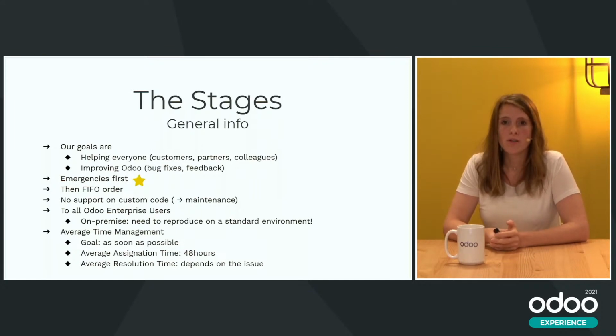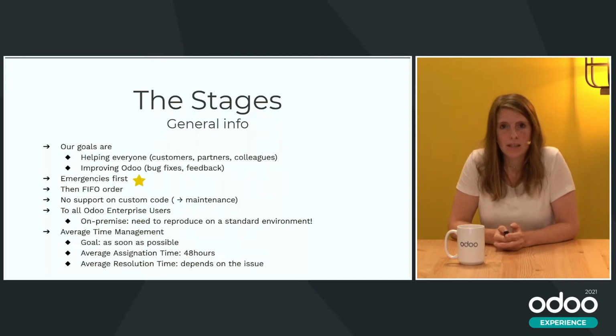We try to answer as soon as possible, but it's not always easy to reply directly within the hour or within the minute, even if it's my secret goal. But we have an average assignation time of 1 or 2 days, and for the resolution time, it really depends on your problem. So sometimes it can take 1 or 2 minutes, sometimes 1 or 2 weeks, or even months for a very complex problem.